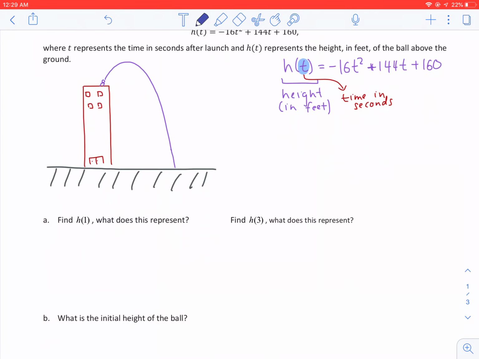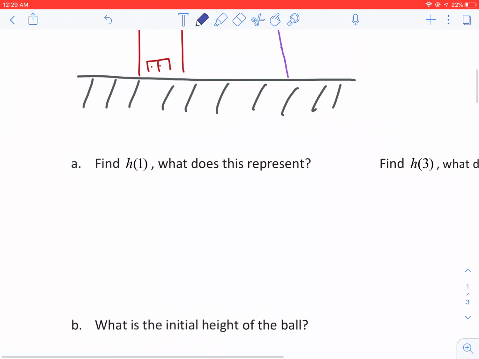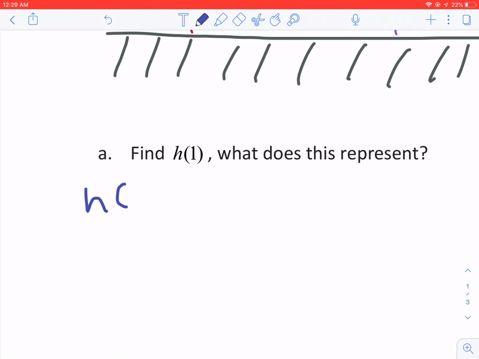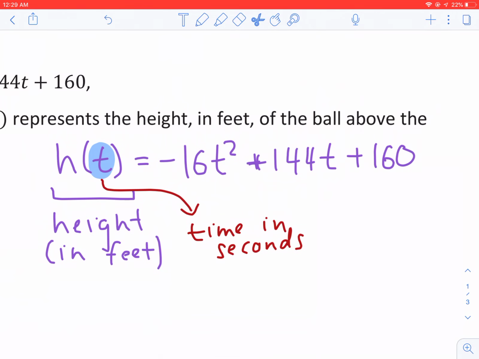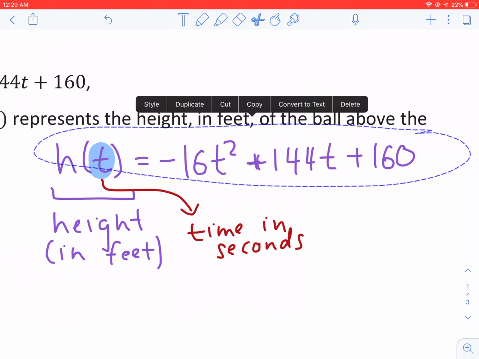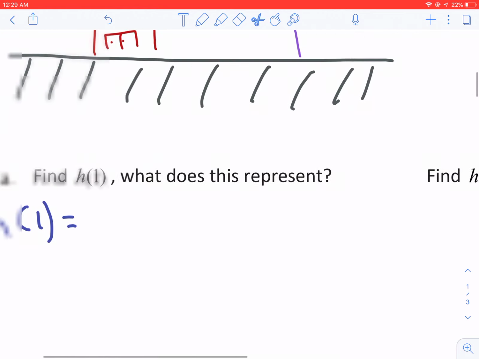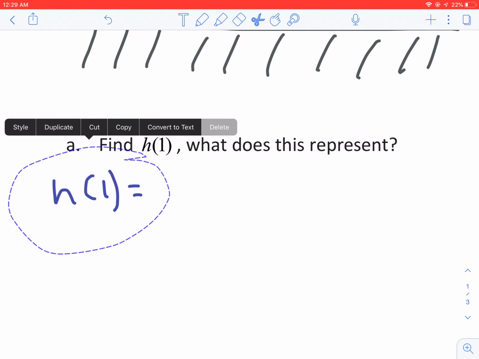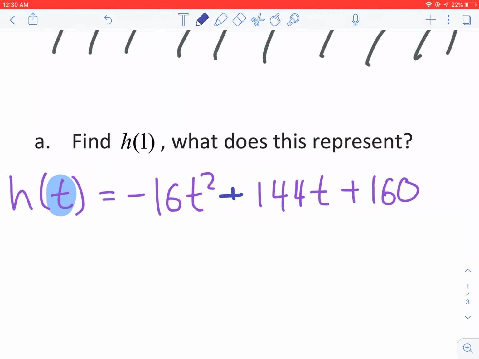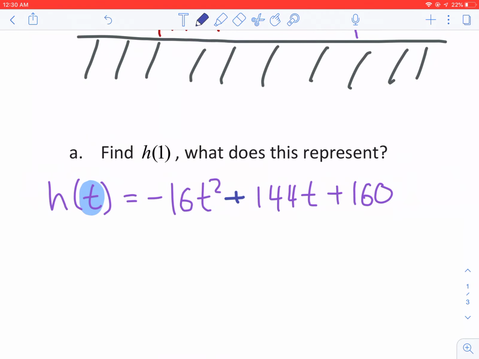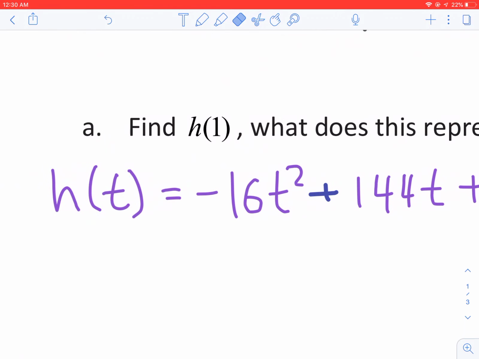So let's take a look. Letter A, find h of 1. What does this represent? Function notation, h of 1, is telling me to just plug in a 1 for t, wherever I see a t. Let's just do the math first, and let's see what this means after. So I'm copying my function. H of t is equal to that. So what is h of 1 equal to? Well, that's telling me to plug in a 1 for t.